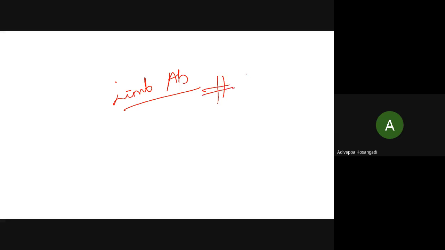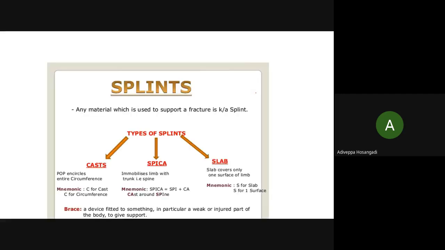The limb is deformed and placed in an abnormal position. You know the shoulder cannot abduct beyond 170 degrees, but if the patient's hand is going backwards, it is moving abnormally. That is when you should suspect a fracture. So what do you do? You have to immobilize the fracture.